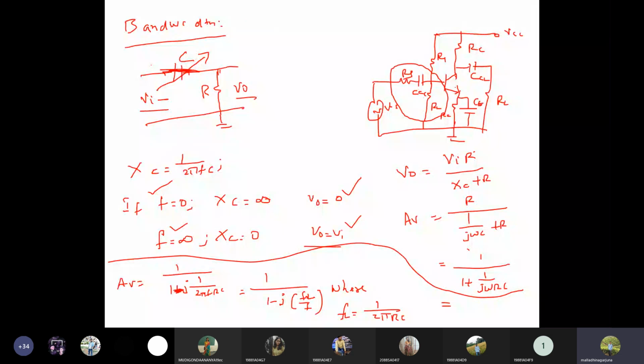So the voltage gain Av is equal to 1 by 1 minus j into FL by f. This is the gain up to this point only. If you apply the same thing to the CE amplifier, you will get the midband voltage gain.